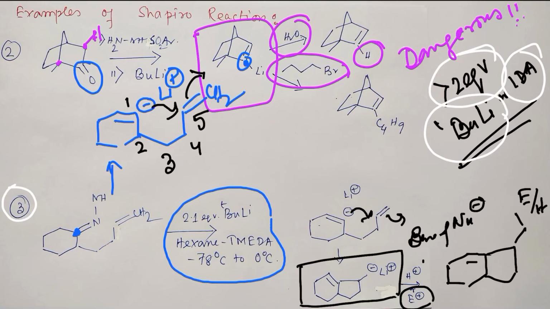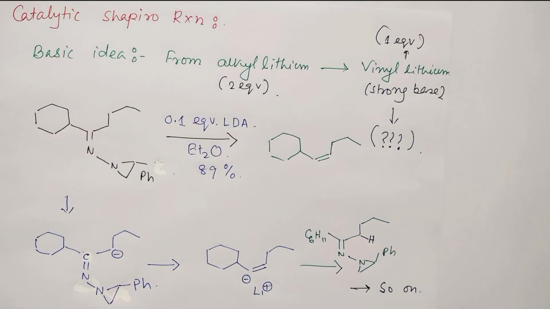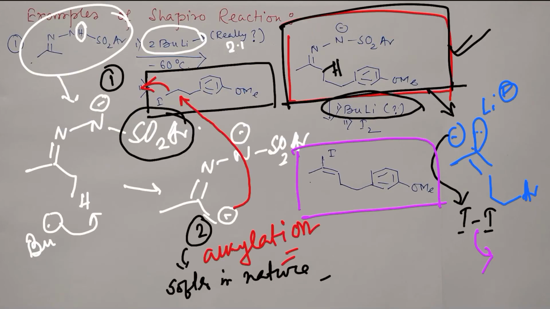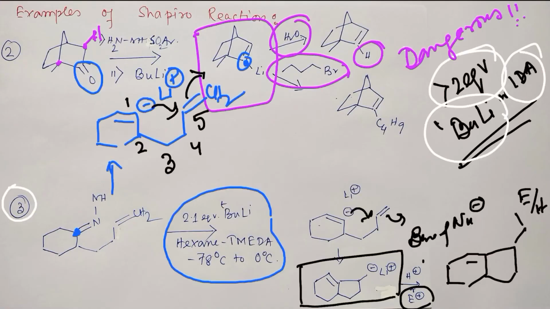In order to go into details, you first need to understand where the excess reagent was consumed. The first equivalent of butyl lithium was consumed to abstract this NH proton, and the second was the CH proton, this alpha proton of the carbonyl. Ultimately we got a vinyl anion, which is also a significantly strong base.